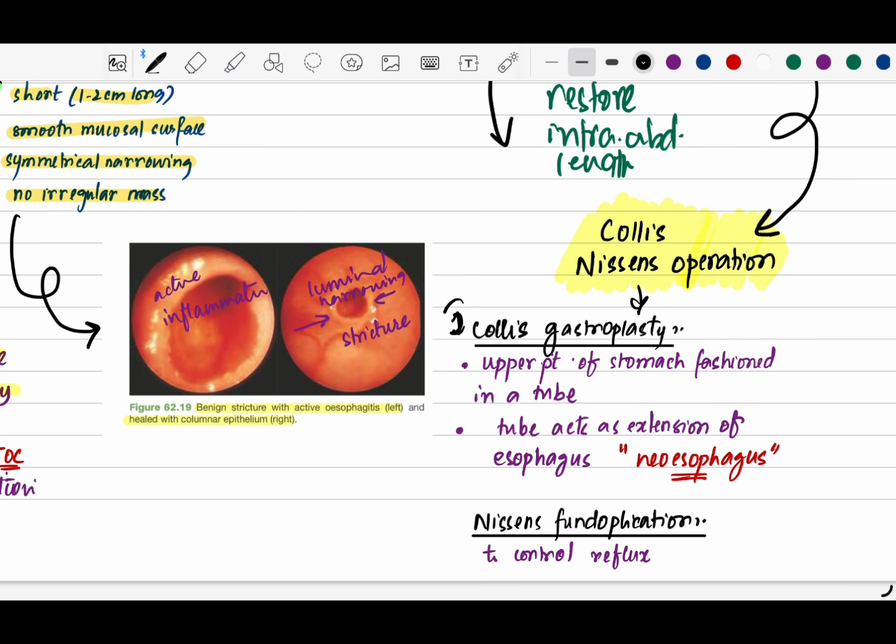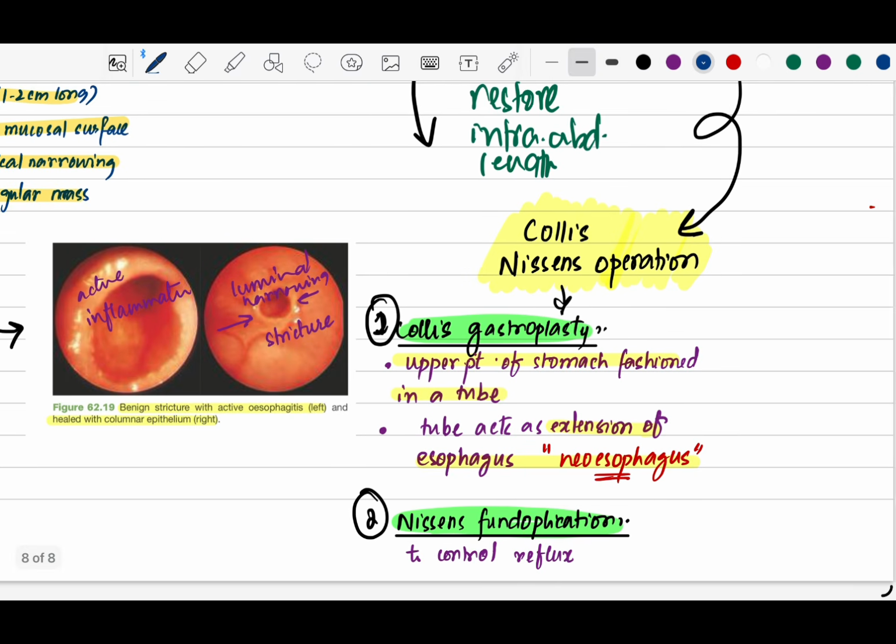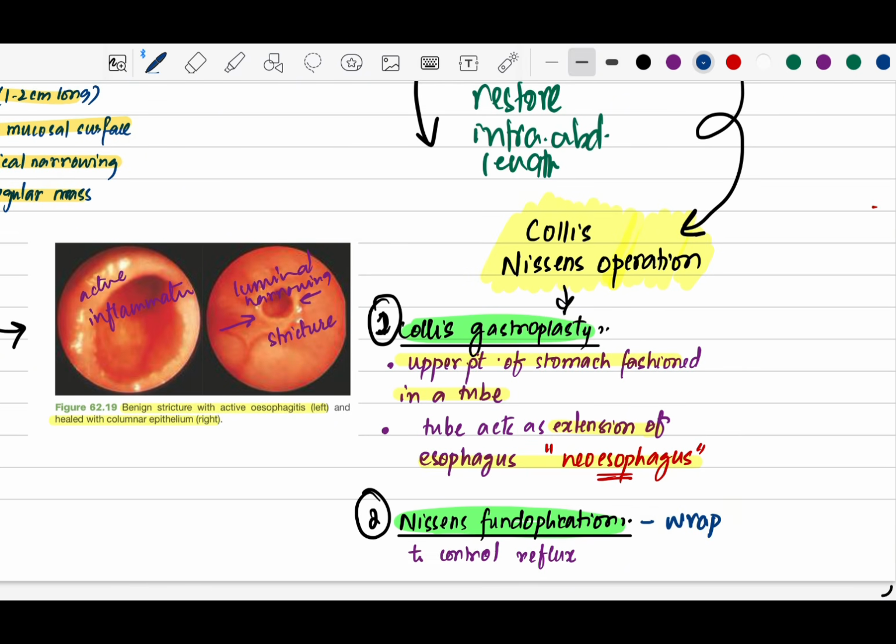Phase number 1 is known as Collis gastroplasty. Collis gastroplasty is when the upper part of the stomach is fashioned into a tube that acts as an extension of the esophagus, and this is known as the neo-esophagus. This is followed by Nissen's fundoplication to control reflux. We know that in fundoplication, we wrap the fundus around the esophagus, and since it is Nissen's fundoplication, this wrap is going to be a 360-degree wrap.